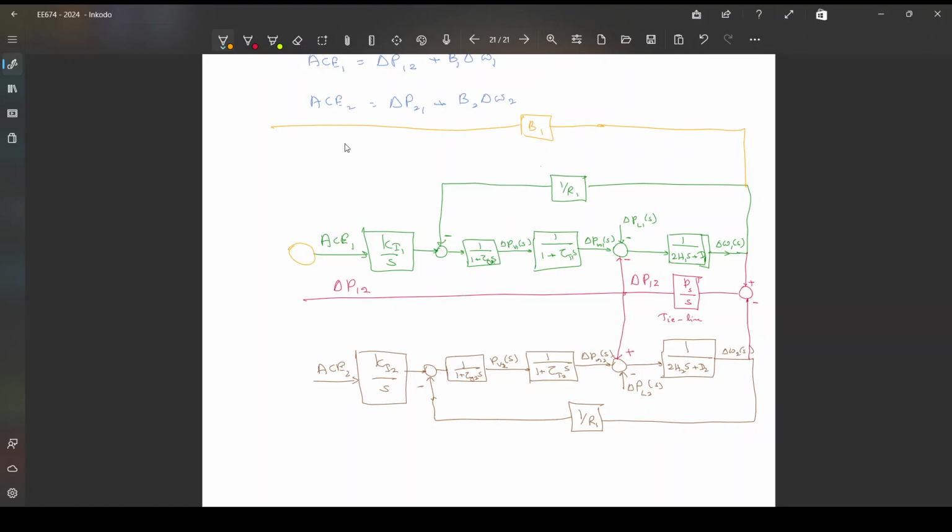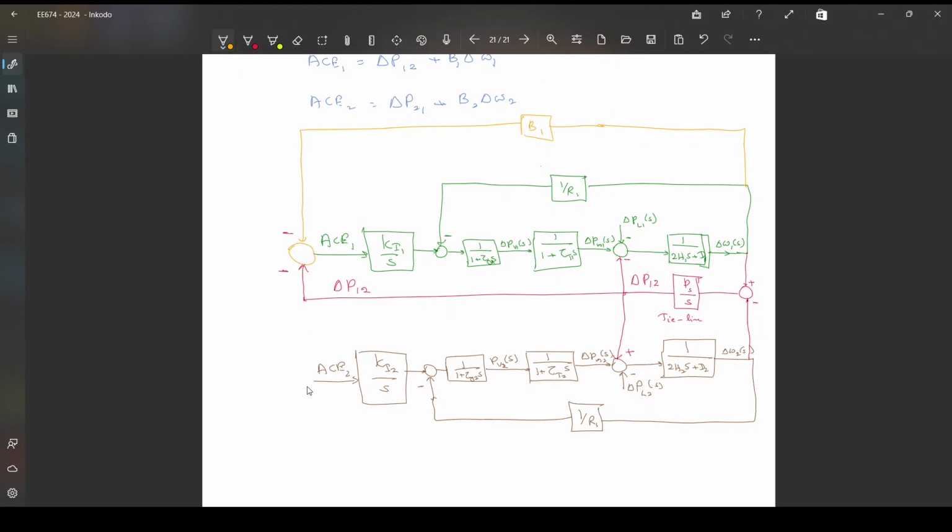And then you need to calculate the area control error from there by use of these two. You are giving the error, so this should be minus and this should be minus, and in the other one we need delta P21, so it's minus of delta P12.